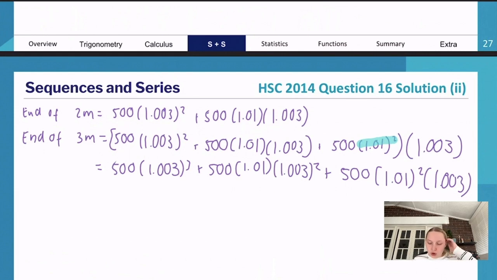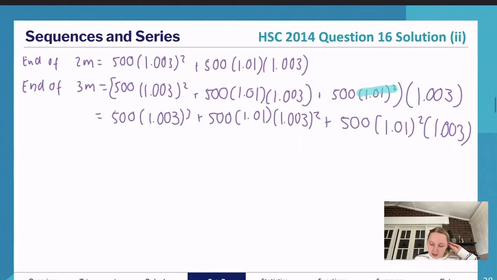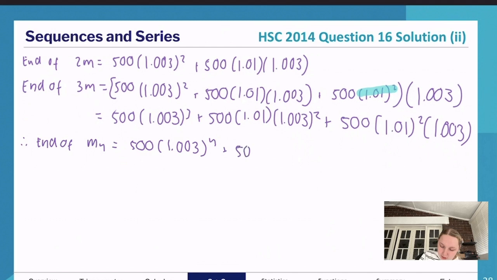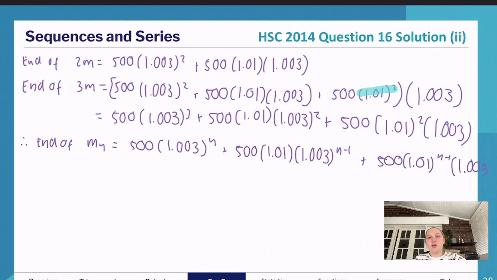So then, if we've got the end of month n, we've got 500 × 1.003^n plus 500 × 1.01 × 1.003^(n−1) plus 500 × 1.01^(n−1) × 1.003. Okay, so that's what we're looking at when we're looking at this sort of question.